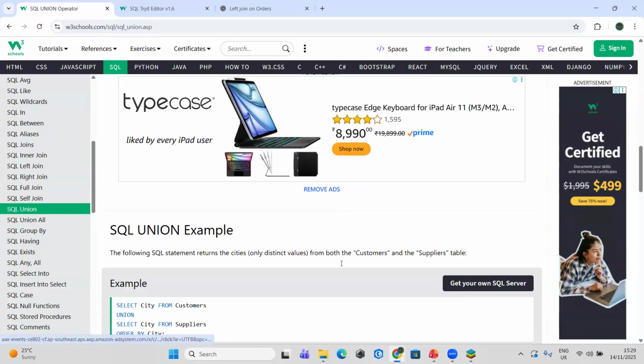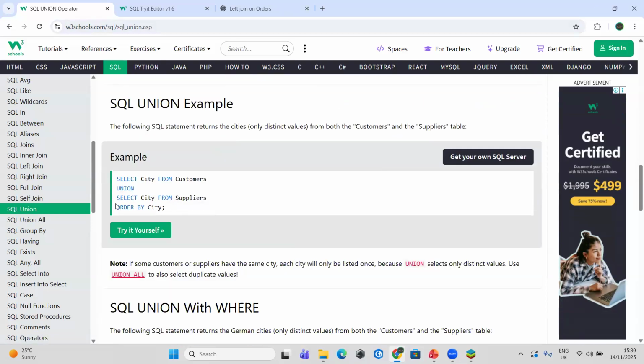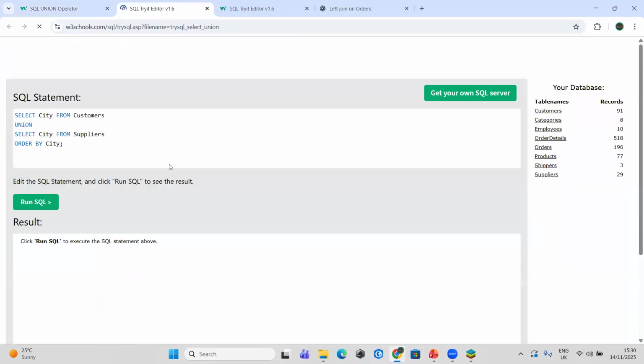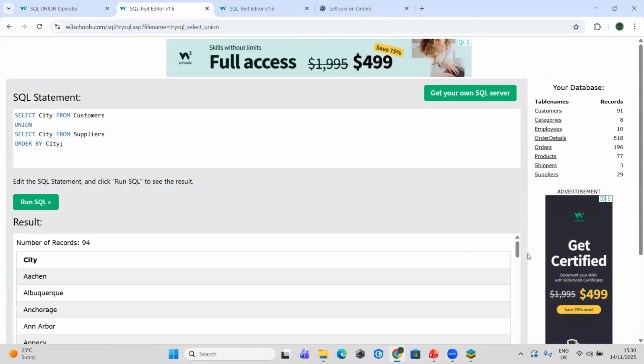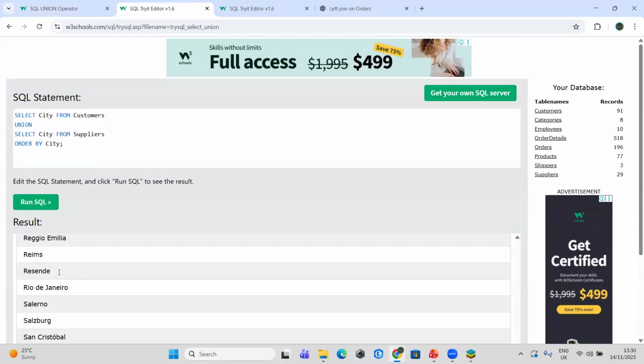So you can order it by the name of the city. This time it applied on the database available here, so it has all the cities.